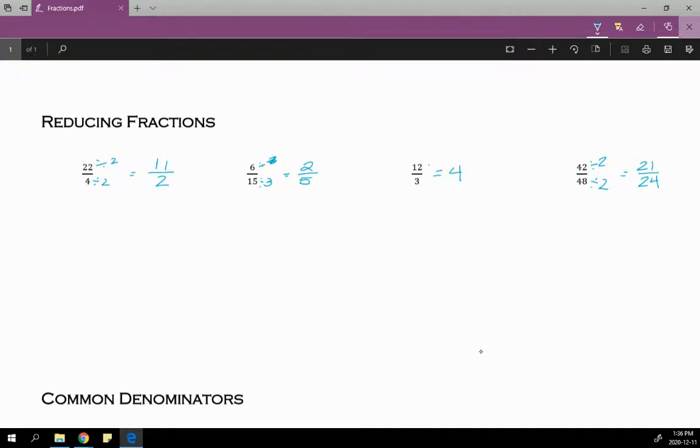And then you go, oh, actually, I can divide both my numerator and denominator by 3. So 21 divided by 3 is 7. 24 divided by 3 is 8. So you can actually put your fraction into lowest terms using 2 steps if you want to. Or you could notice that 42 and 48 are both divisible by 6 and arrive directly at 7 over 8. Okay, both ways are correct.